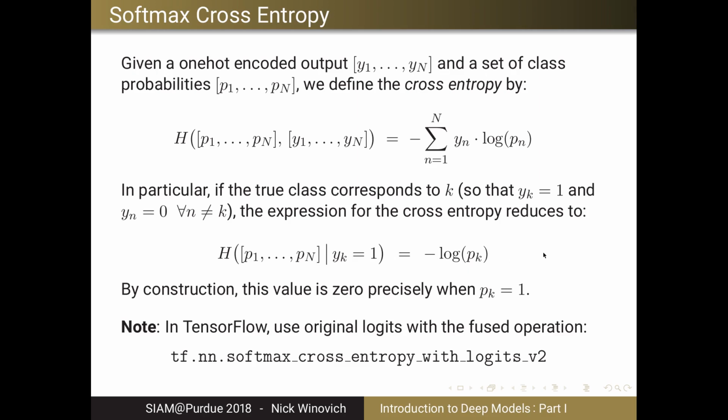Okay, so by construction, and the reason that this makes sense to use in the classification case, this loss function is 0 exactly when our predicted probability is 1. So when we got it exactly correct, then there's no loss. We've done well on that example.